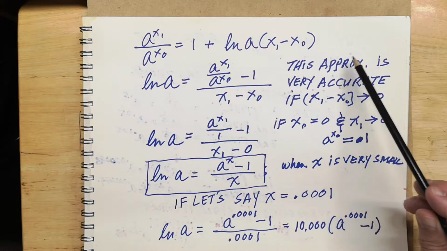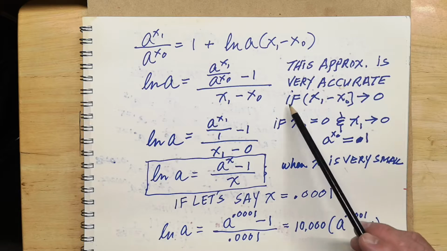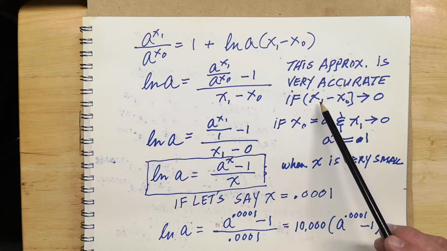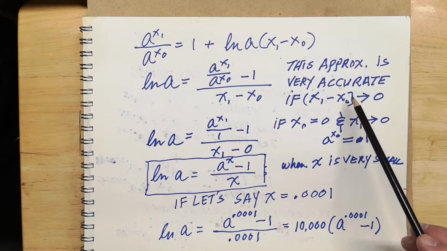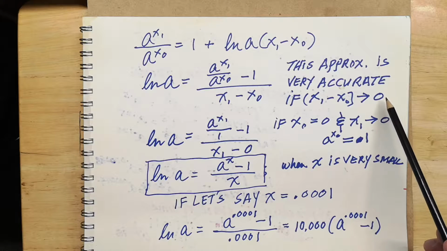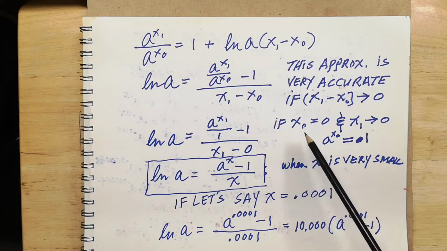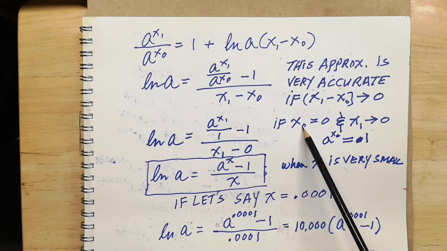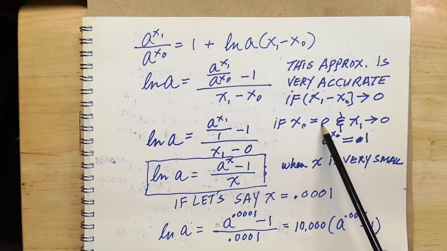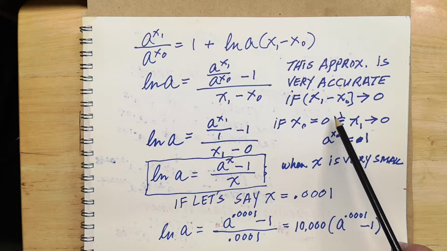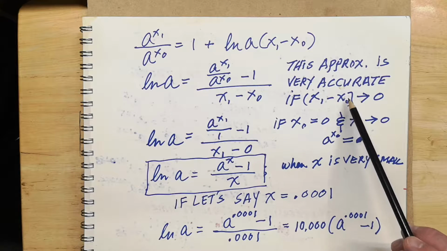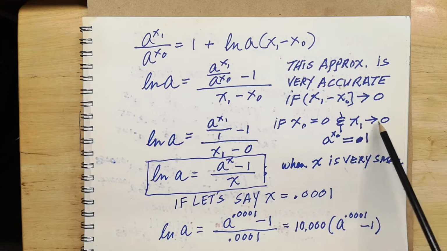So this approximation is very accurate if the delta x, x1 minus x0, approaches a zero value, very small value. So if we assume that x0 is equal to 0, therefore x1 must approach 0.